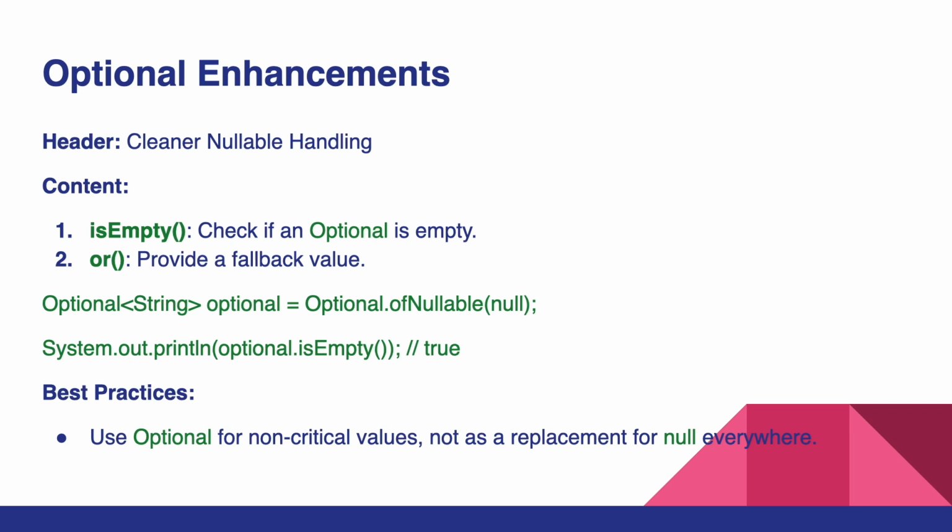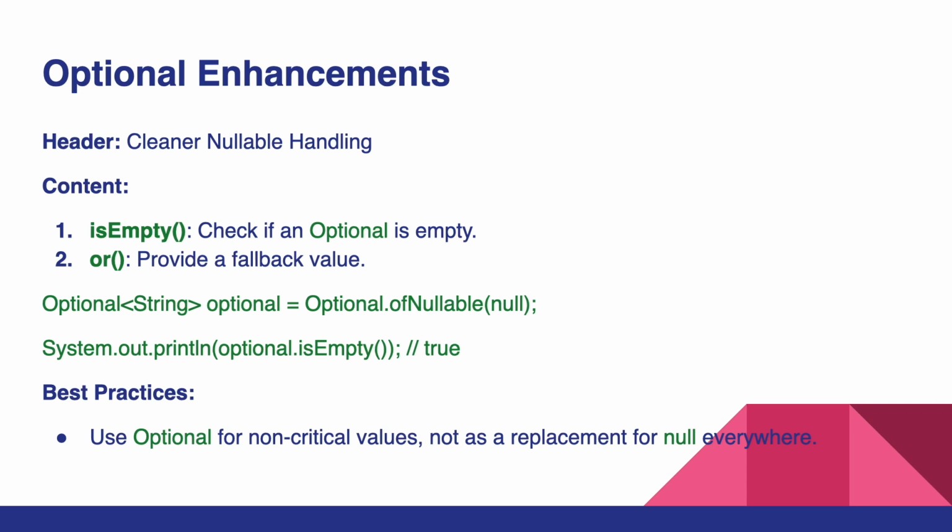Optional enhancements. Handling nullable values gets easier with the updated Optional API. The new isEmpty method simplifies checks, and the or method provides a fallback option without additional boilerplate. In a real world scenario, suppose you are fetching configuration values.